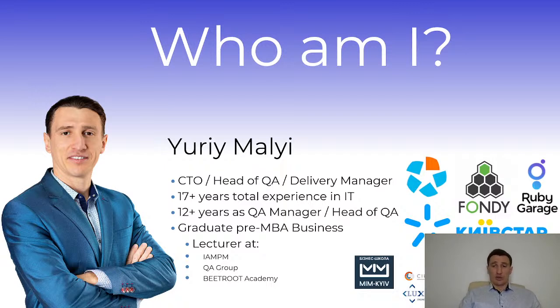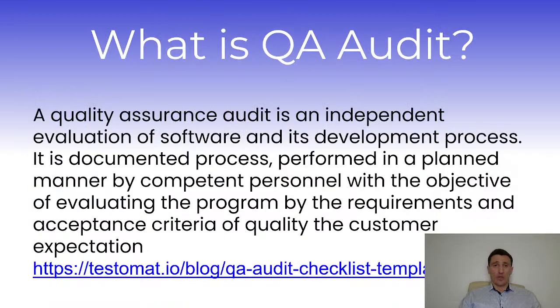Okay, so let's start. We are talking about QA audit. So what is QA audit? As it's written on Testomat blog about QA audit checklist template, that is independent evaluation for every software and development process. You can use it for any product, for any project, for any company. So it's fully documented, performed, and planned with objective of evaluation the program by requirement and acceptance criteria.